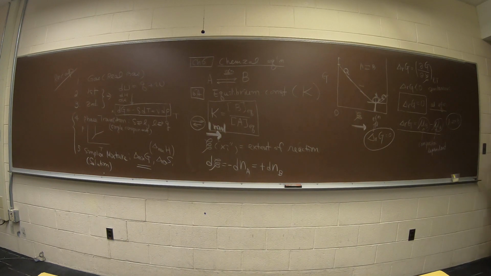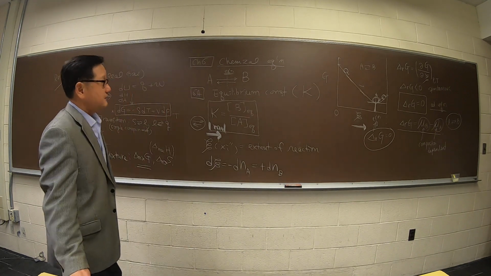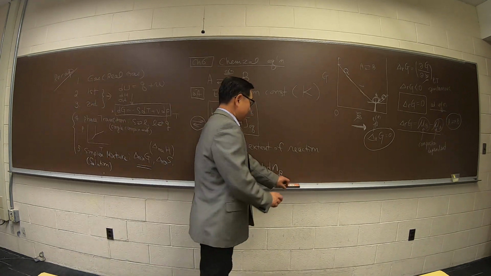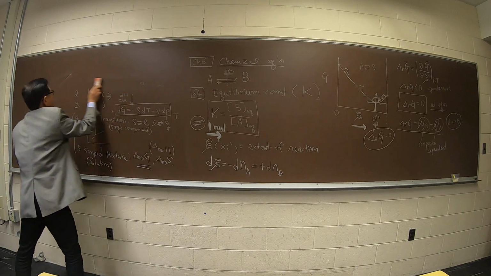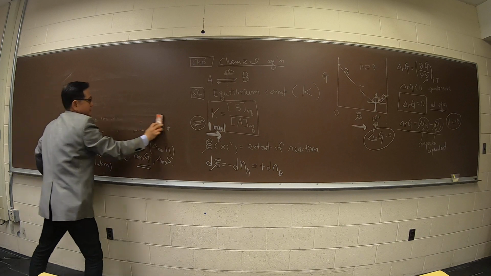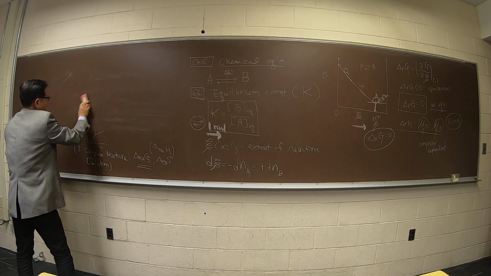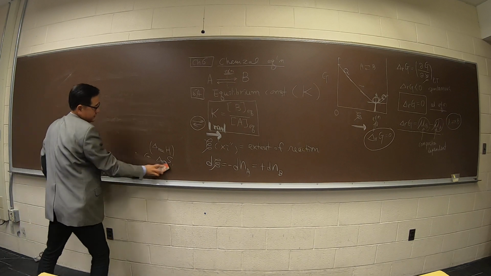But I'm still at a conceptual stage, and I am going to get some form of an equation that looks useful, and then dealing with gases gives a much simpler form that we can use to define delta GR.